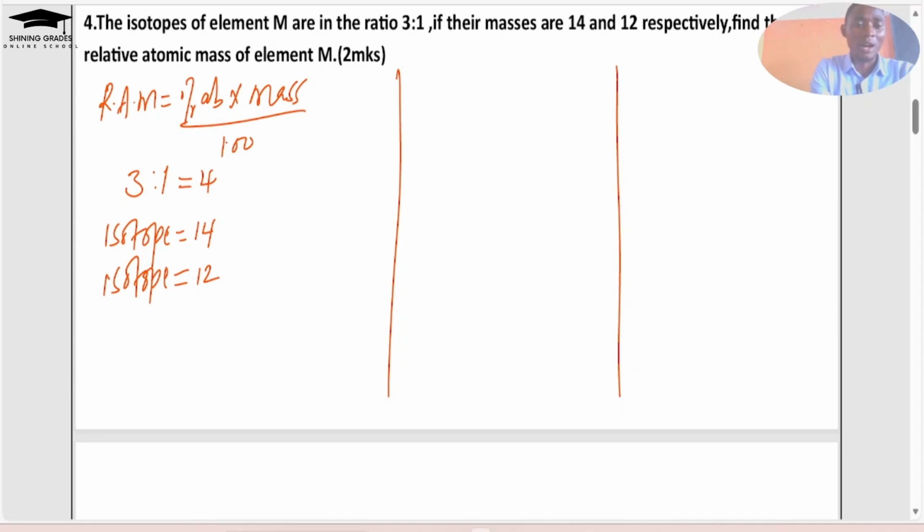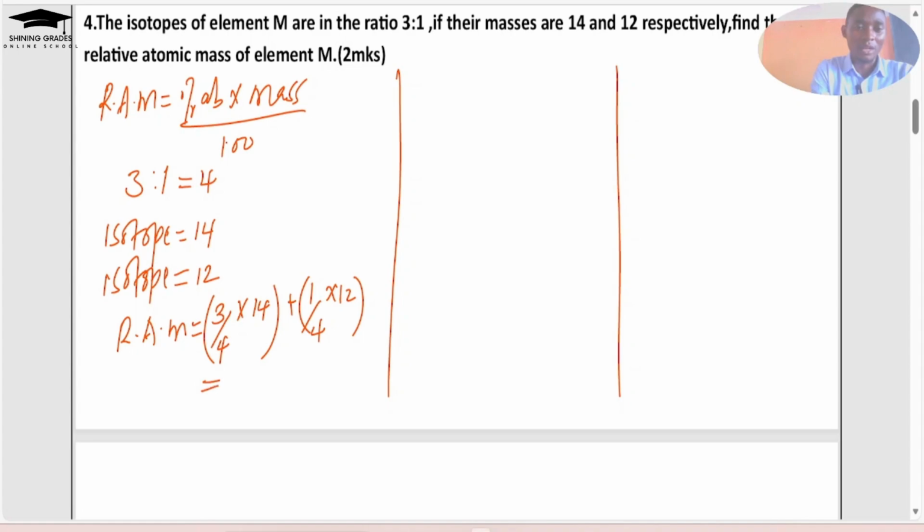So to find the relative atomic mass, I take relative atomic mass is equal to 3 over 4 multiplied by 14, plus 1 over 4 multiplied by 12.